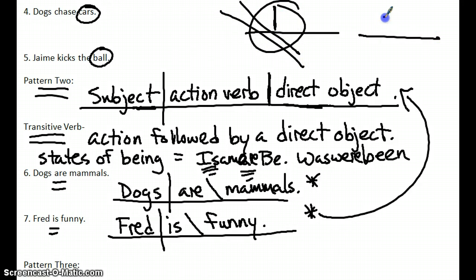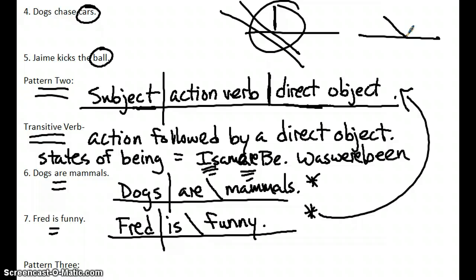Instead, it's slanted. It's slanted back to the subject, like a backward slash, a backslash. Okay? When you have a state of being verb in a diagram, afterwards, you slant the line because that word that follows it is not a direct object being acted upon. It's what's called a complement.